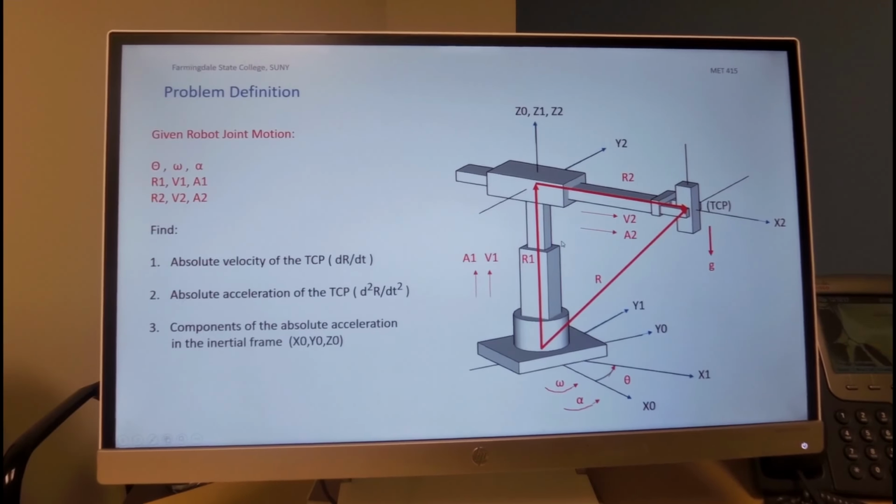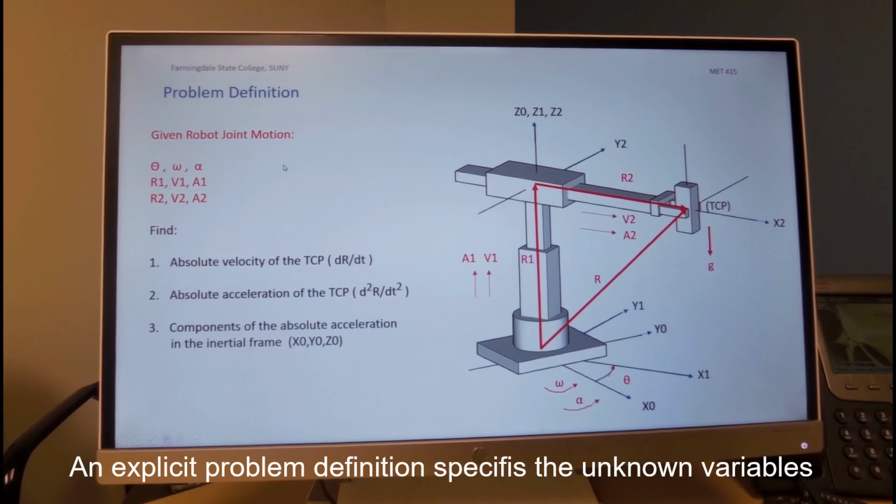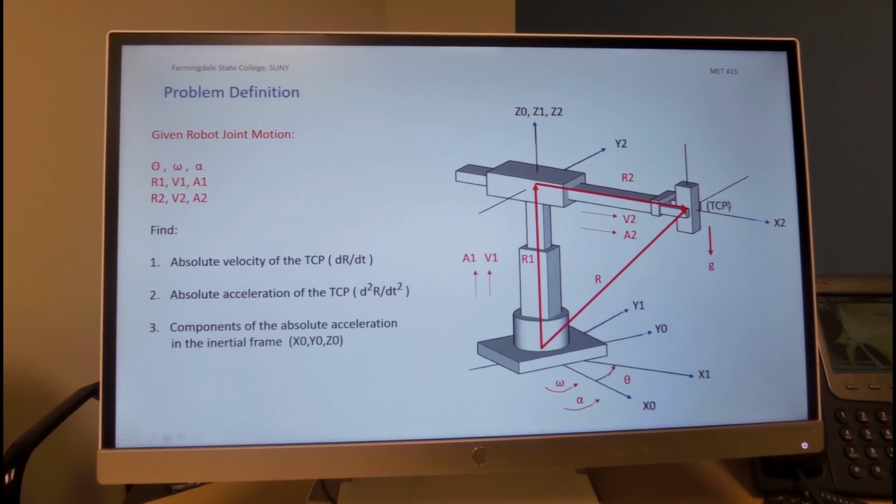To look at the definition of the problem, we're looking for the velocity of the tool center point in the inertial coordinate system. This is the absolute velocity. We define it as dr/dt. We're also looking for the absolute acceleration of the tool center point in the inertial coordinate system, and we like to see the components of the absolute acceleration of the TCP in coordinate system x0, y0, z0.